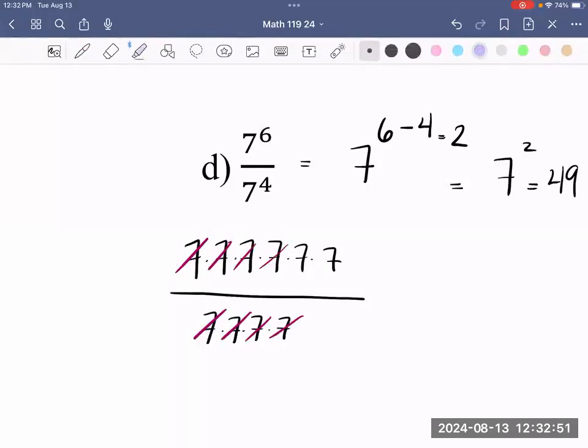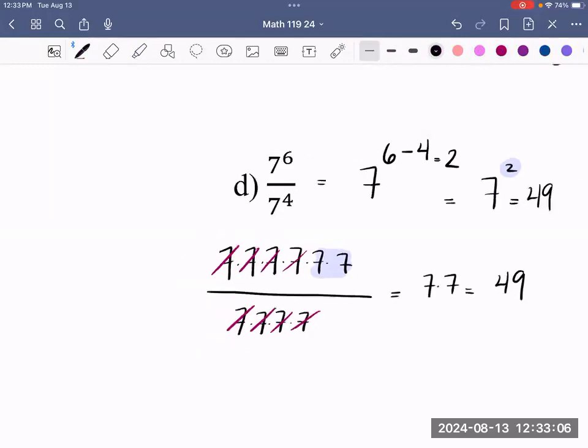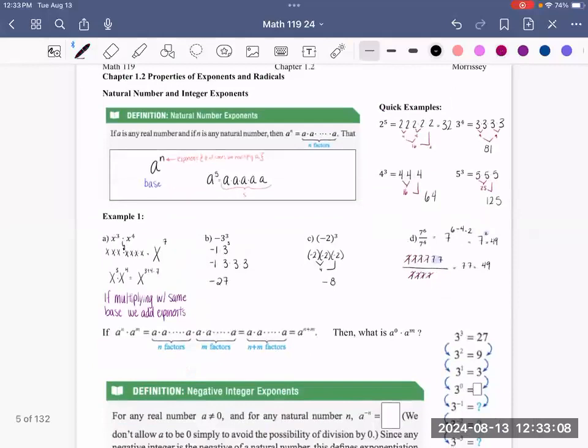And what's left over is 2 7s, 2 7s being 49. Now, the reason why we end up subtracting will come in from our next rule.